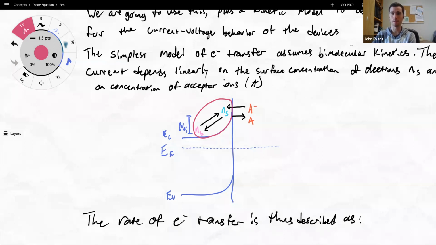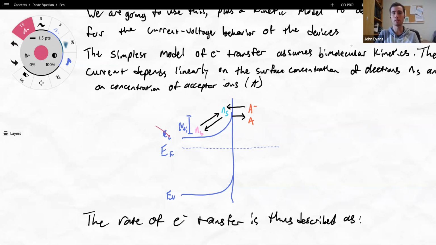We are going to assume that this is going to be quite fast. And so if we were to look at the kinetics of this, we're going to say that that part doesn't matter. We are most interested in this part right here, in this reaction. So the current is going to depend only on these guys here, which makes sense, right?